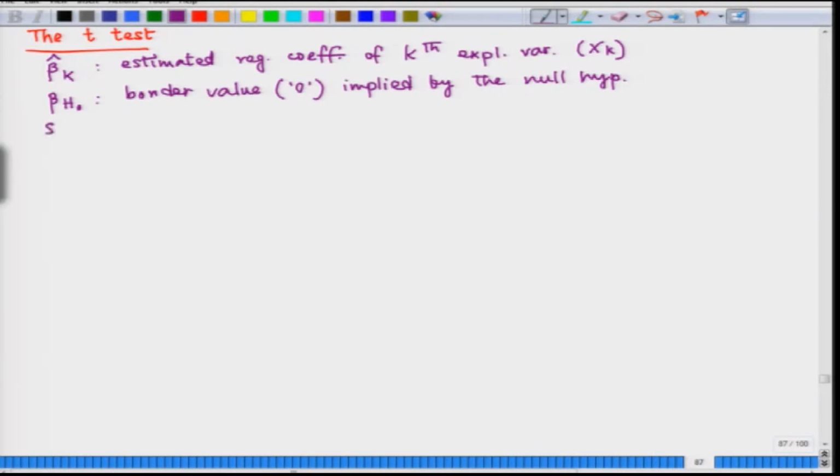And finally, let me also introduce the estimated standard error for this estimate beta hat k.